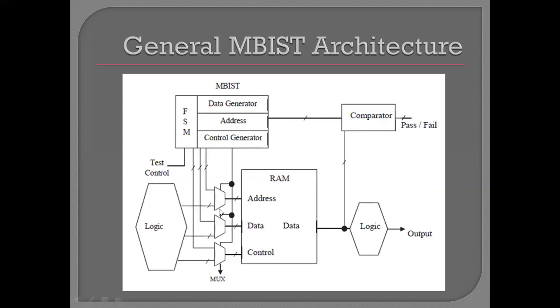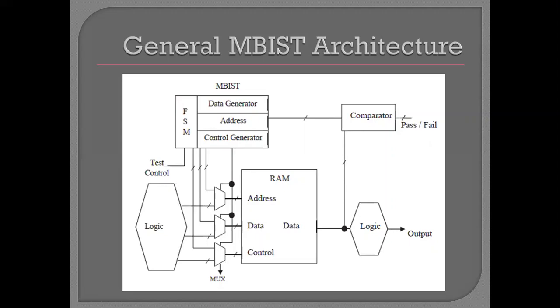So here we have multiplexers. A multiplexer has to be applied on the input coming to each of the address lines, data lines, and control lines of your memory, because they have to choose between the test input and the normal input. What has to be chosen comes from the control generator, which is further controlled by the test control and external input.